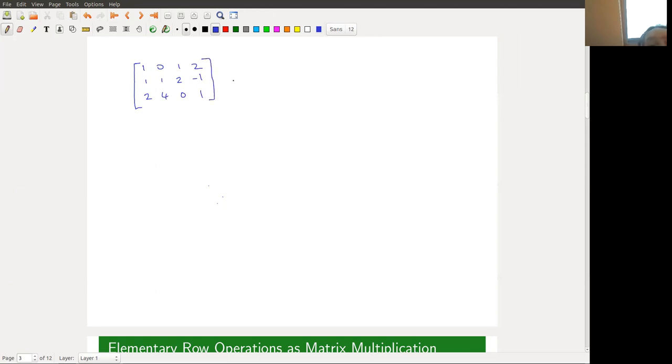And suppose we decide that we want to apply an elementary row operation to it. So suppose, for example, that we decide that we want to multiply row 3 by 4. I'm not saying that there would be a good reason to do this, but it's an example of an elementary row operation.